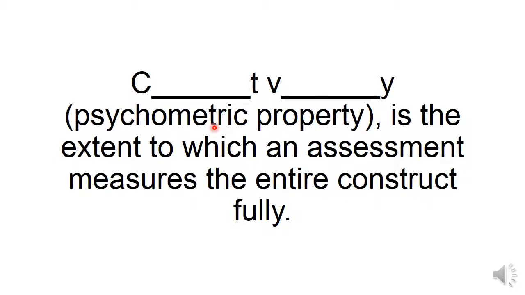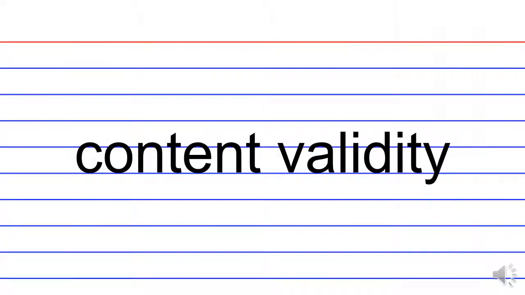like measuring, let's see, depression. So let's say you have some type of clinical test to measure depression. Whatever you're using would be the metric that's measuring this psychological impairment, okay? And that would be content validity, all right?